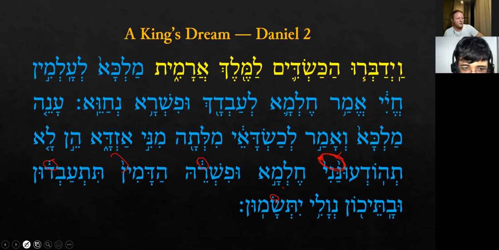So the Pashta, when it's not on the stress syllable, will be written twice. This is written at the end of the word, but it's not the stress syllable, so it's written again on the stress syllable. This one is written at the end of the word and it's the stress, so it stays. These are all on the stress mark. This again is the Pashta on the end.